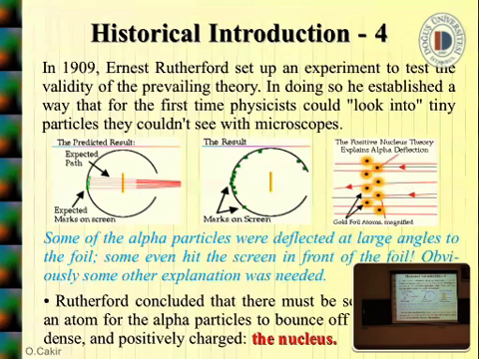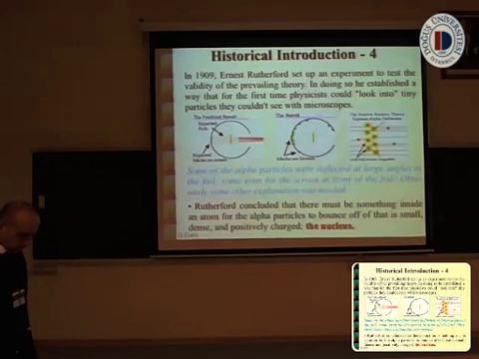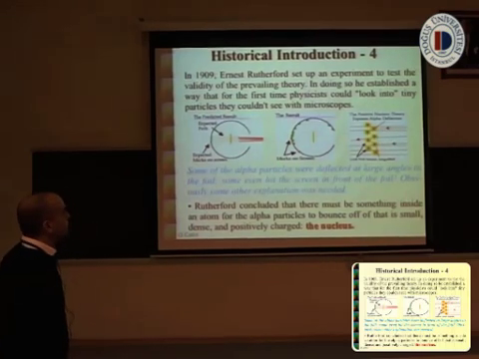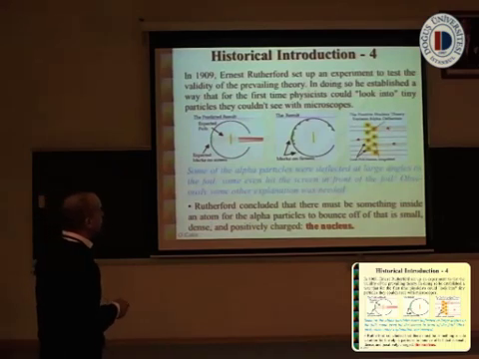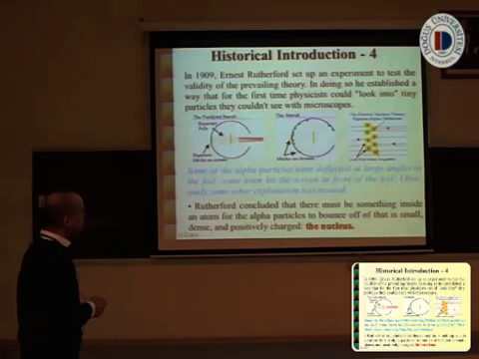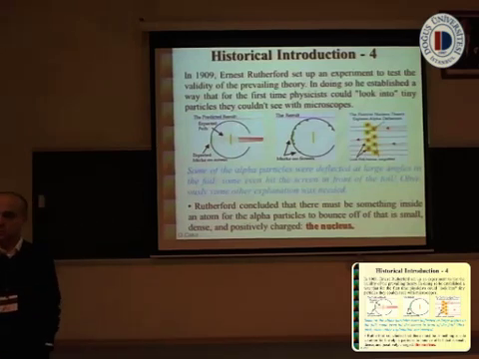In 1909, Rutherford set up an experiment to test the validity of the theory. Here, sending alpha particles to the target, the target is gold here.